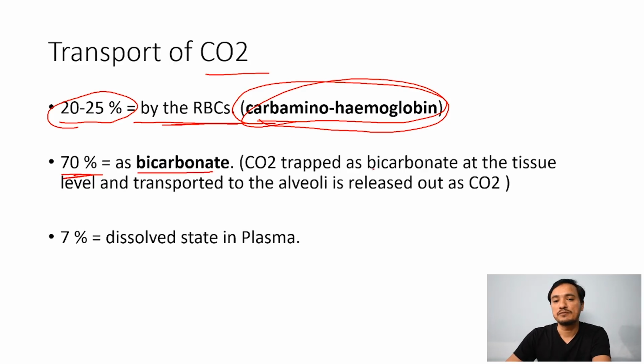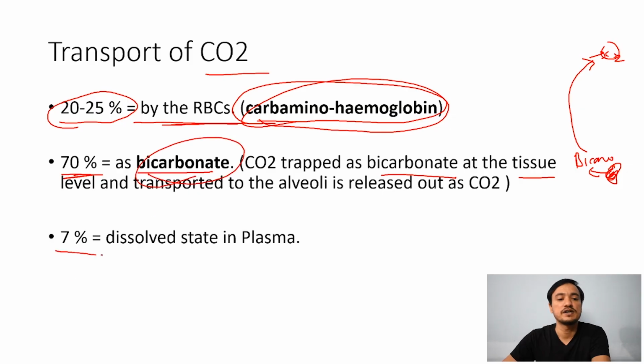CO2 is trapped as bicarbonate at the tissue level, transported to the alveoli and released out as CO2. See, this is the tissue where CO2 is trapped as bicarbonate, which then goes to the alveoli and is released as CO2. Always remember, 70% of the CO2 is transported in the form of bicarbonate and 7% in a dissolved state in the plasma.